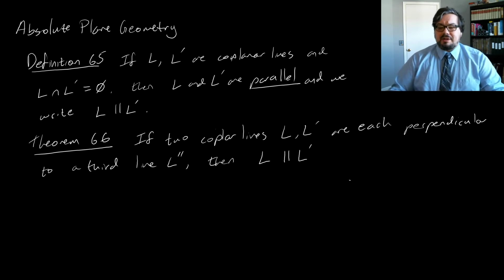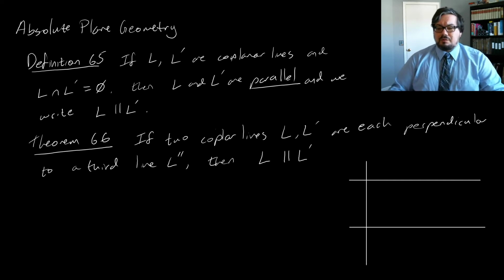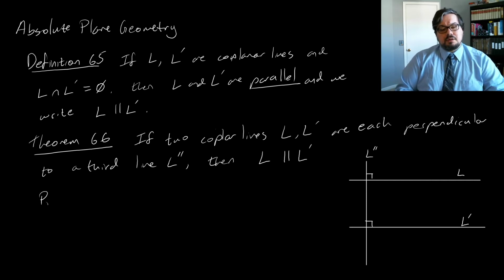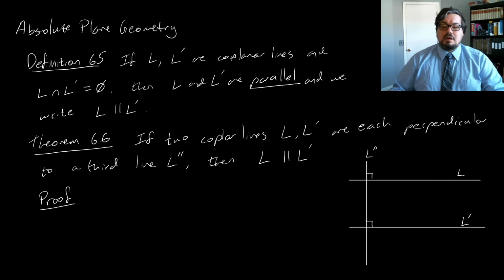Let's look at the picture of this to see why this makes sense. So the picture that we have here is we've got a couple of lines, L and L prime, and we're told that they are each perpendicular to this line, L double prime. Very often, when we're trying to prove that two lines are parallel, we do this by contradiction.